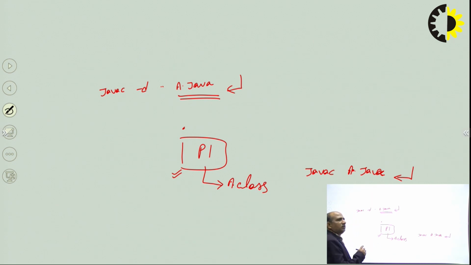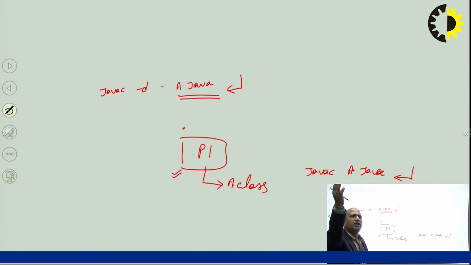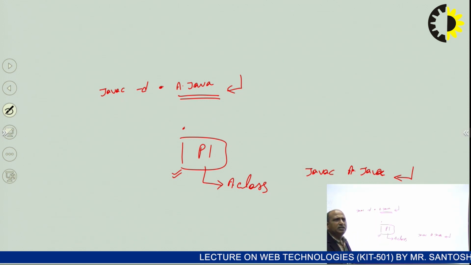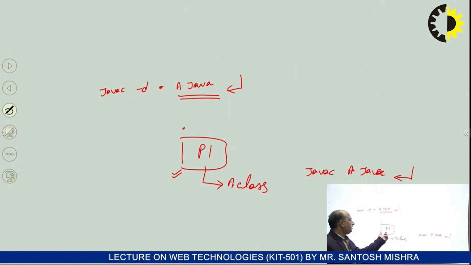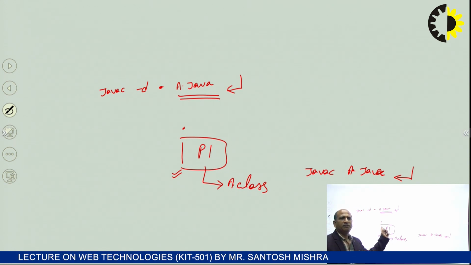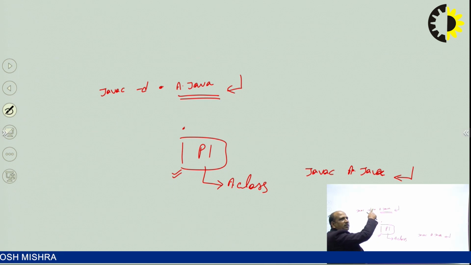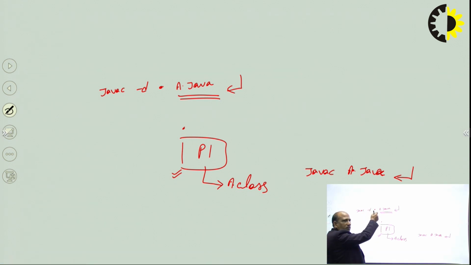If you want to instruct your compiler to create this package in some other place, then in place of the dot, you have to mention the path where you want the compiler to create this package and put your .class file.